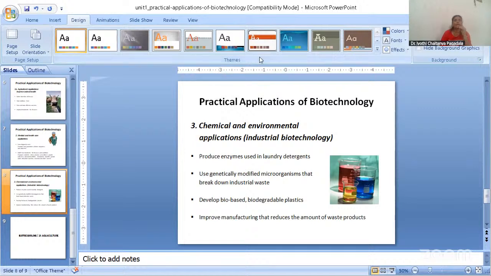So we have several types of tissue culture techniques, depending upon the part of the explant we selected. The first is anther culture. Anther culture is a tissue culture method used to develop improved varieties in a short term.